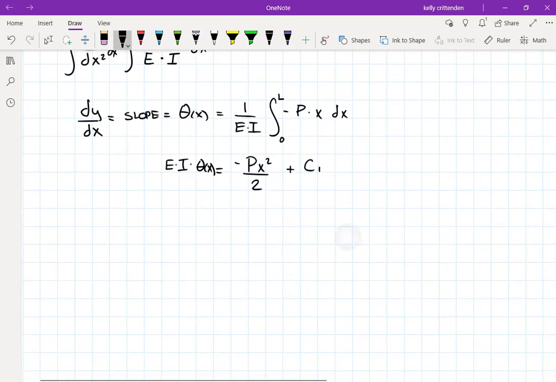When I plug in 0 for x, the thing goes away. When I plug in L, then x becomes L. So I can have EI times the slope equals negative P times L squared over 2 plus this constant of integration that I've got to figure out. And theta is the slope, right?